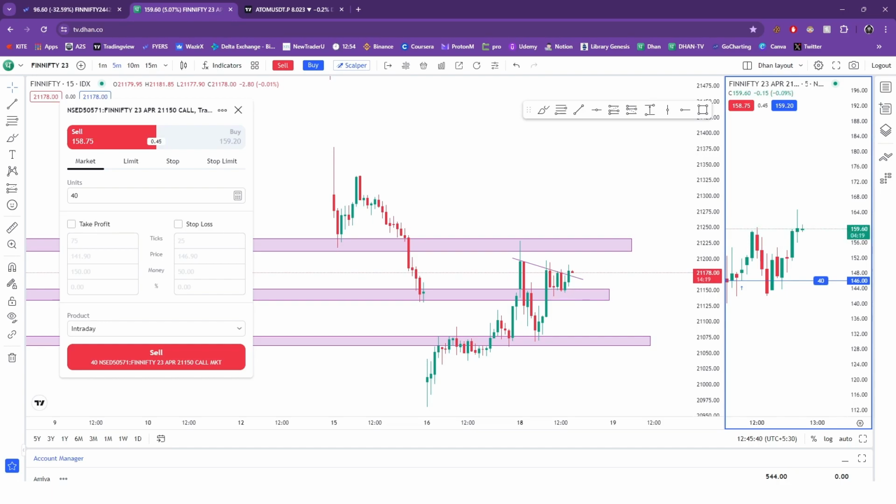I have to follow it no matter what, even if I lose my profits. If the market comes down, then there is no chance that it might go up, so we might see momentum towards the downside. So this is my plan.